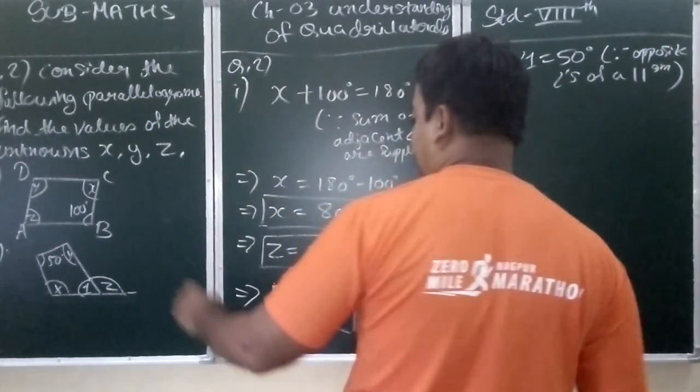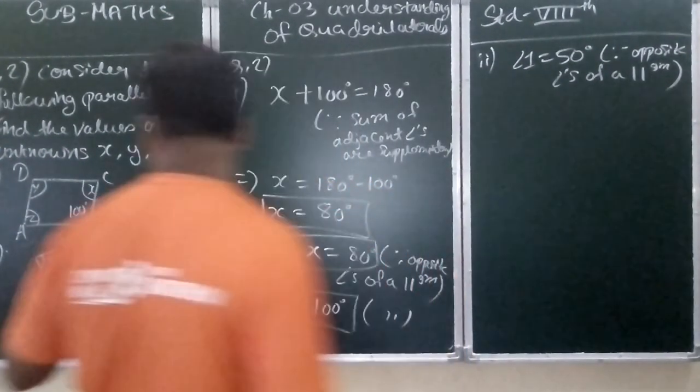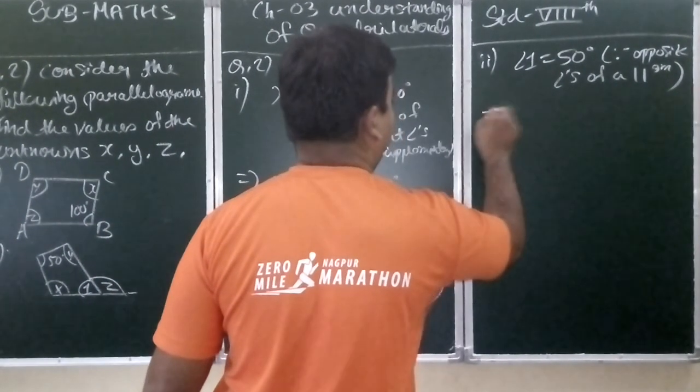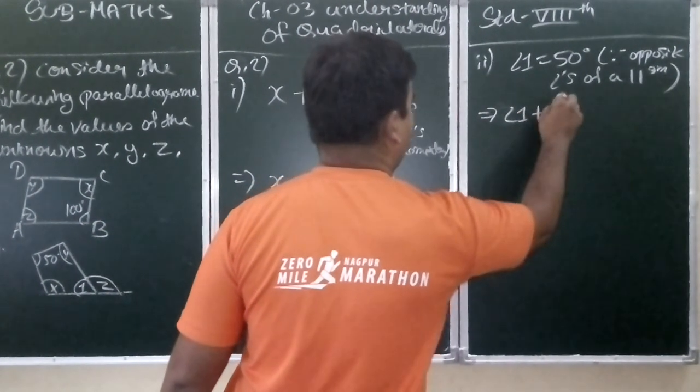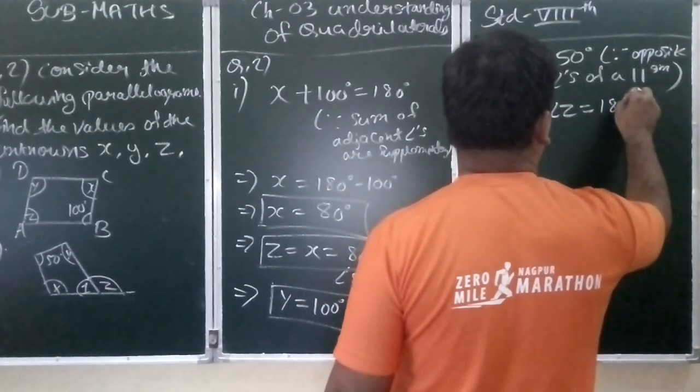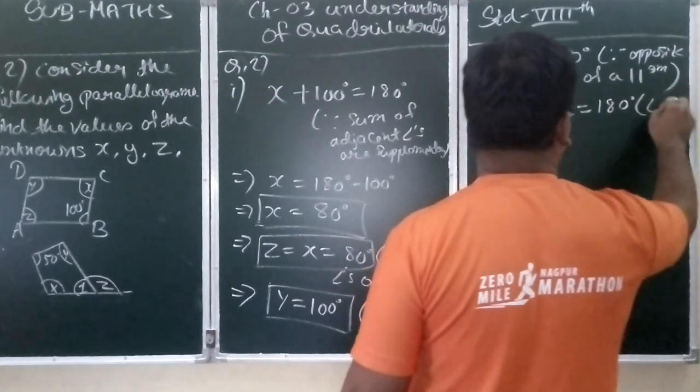Then x, y and z. First of all, find z, because angle 1 plus angle z is equal to 180 degrees by linear pair.